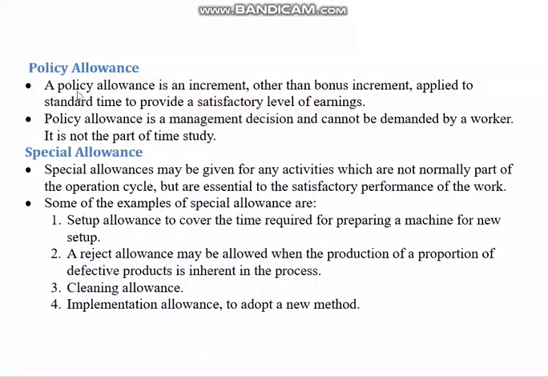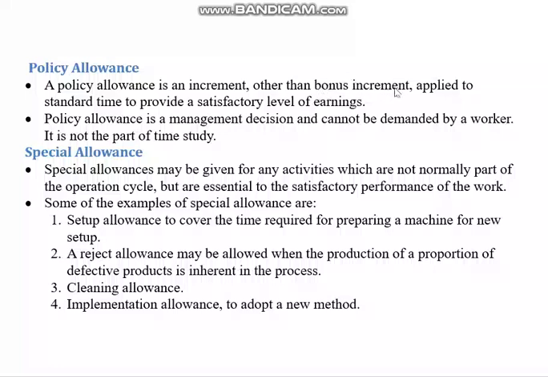Next, let us see the policy allowance. Policy allowance is an increment, other than the bonus increment, applied to standard time to provide a satisfactory level of earnings. This policy allowance is a management decision. Some bonus increment is also talked about here.